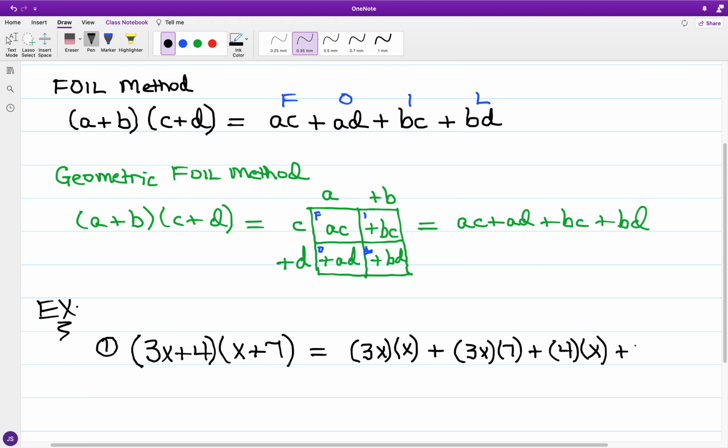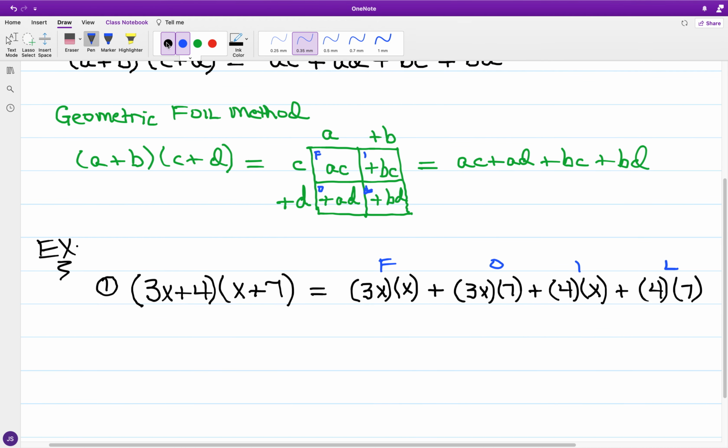And for the last, we have 4 times 7. Again, just restating, you have the FOIL: first, outer, inner, and last. And looking at taking the products, you have 3x times x.